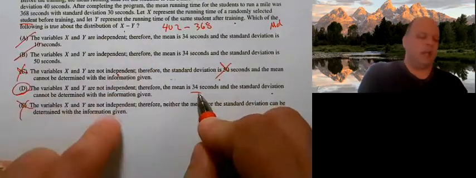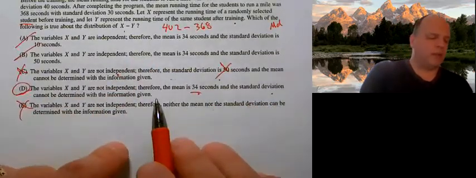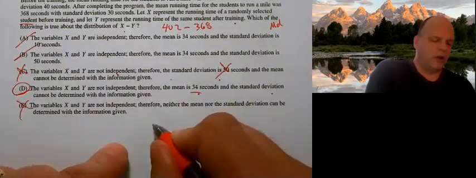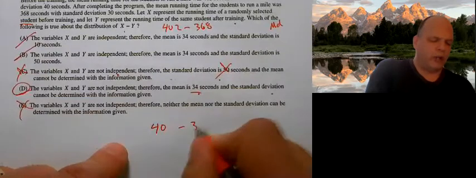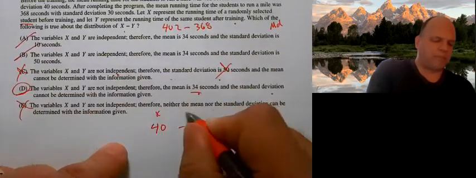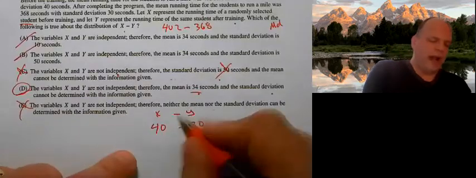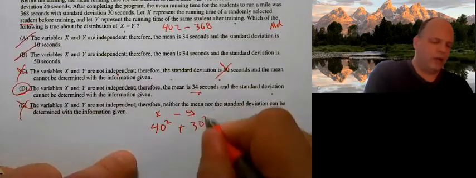Now, real quickly, had they been independent, we can't just subtract 40 minus 30 for the standard deviation. We have to square them, add them, and take the root.